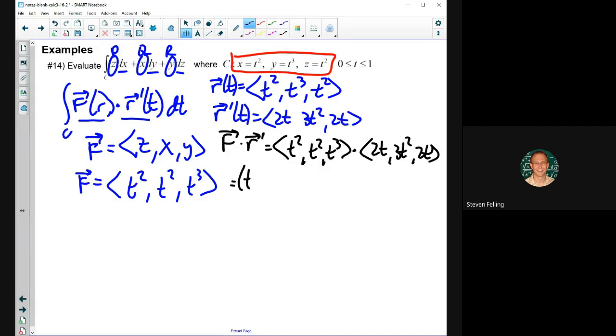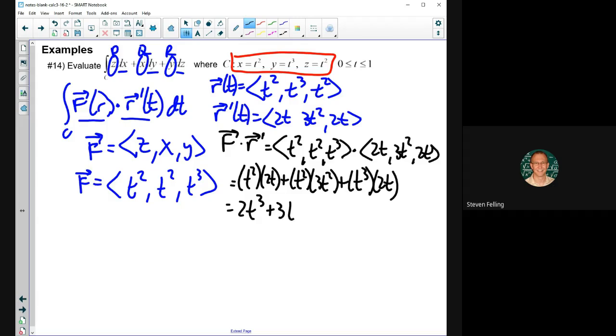So we have t squared times 2t plus t squared times 3t squared plus t cubed times 2t, which turns out to be 2t cubed plus 3t to the fourth plus 2t to the fourth, which is 2t cubed plus a total of 5t to the fourth, right?